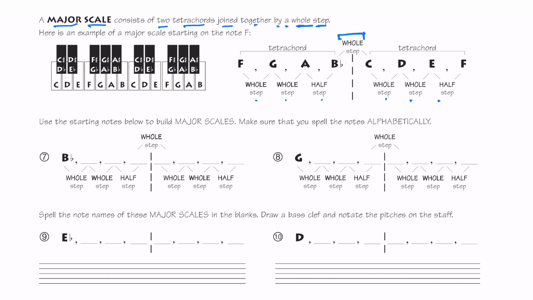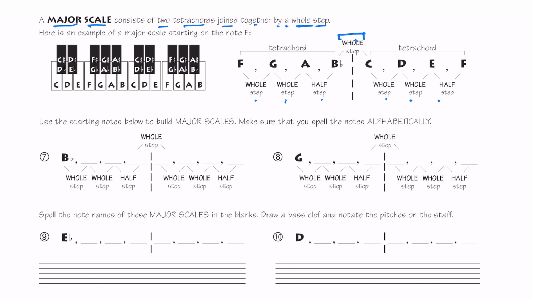So I can either think of whole, whole, half for my tetrachord, another whole step up, whole, whole, half, or the way I like to think of it is just whole, whole, half, whole, whole, whole, half. That makes it very simple. So 2 wholes and a half, 3 wholes and a half. Okay, let's use these notes to build our major scales.